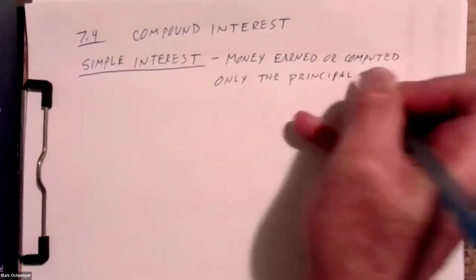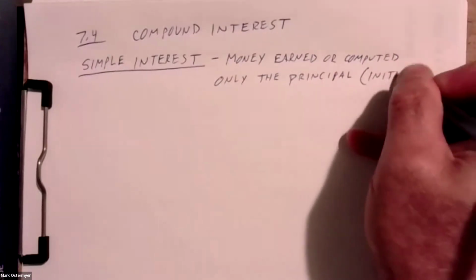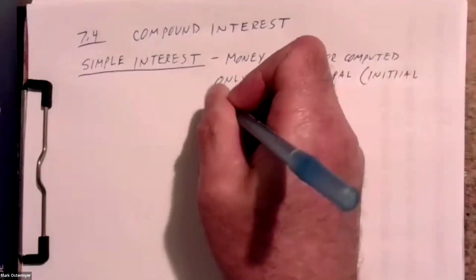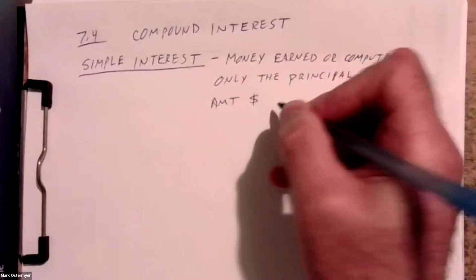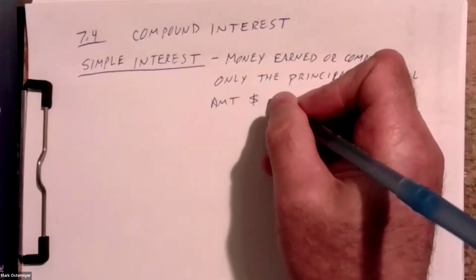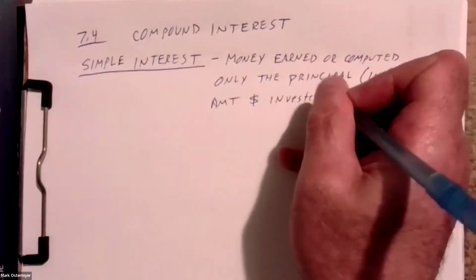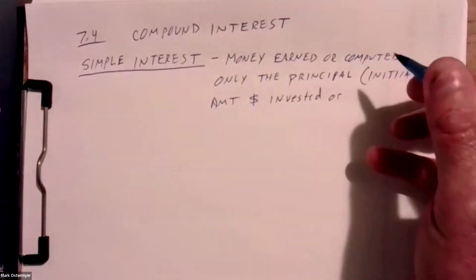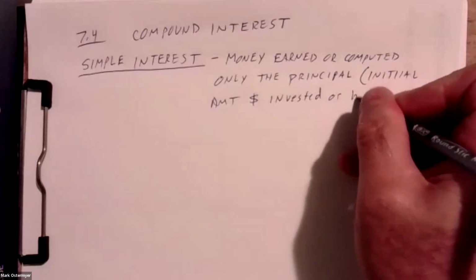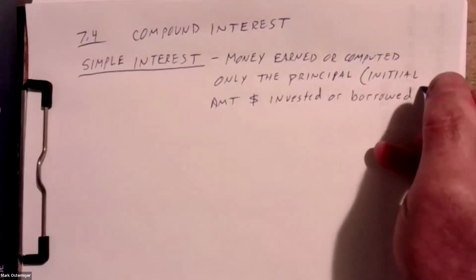It's PAL, not PLE. The principal is the initial amount of money that is either invested, if you invest the money and want money to earn money for you, or borrowed, if you borrow money from a bank, some sort of a loan.